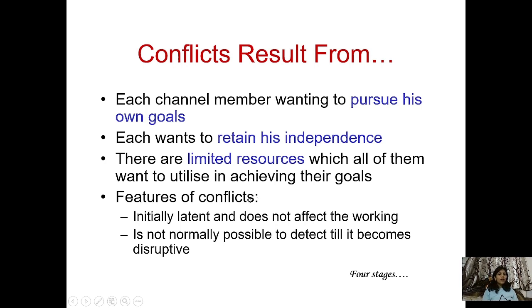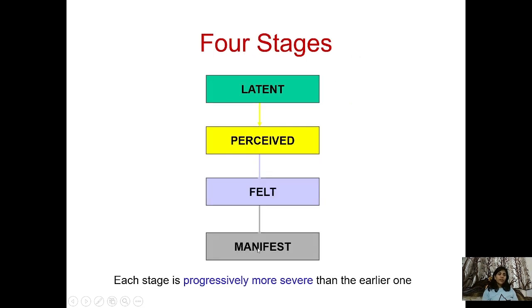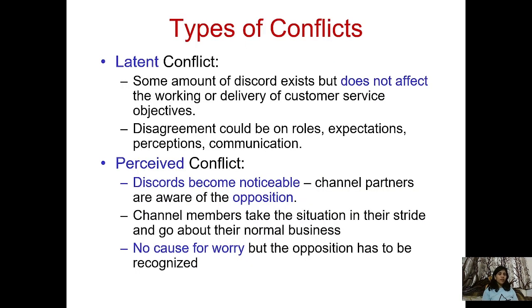A feature of conflict is that it is initially latent and does not affect the working, and it is not normally possible to detect it until it becomes a disturbance. There are four stages: latent, perceived, felt, and manifest, and each stage is progressively more severe than the earlier one.